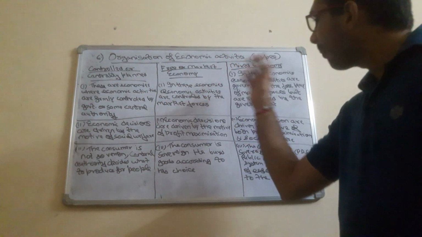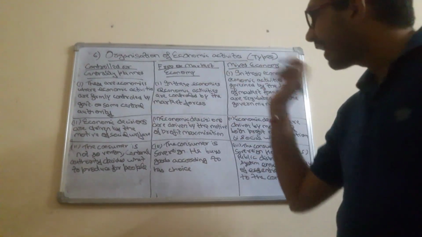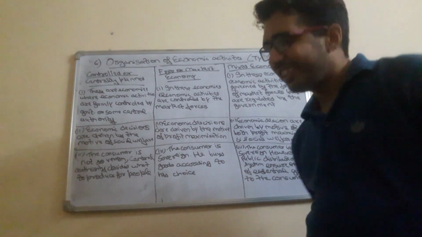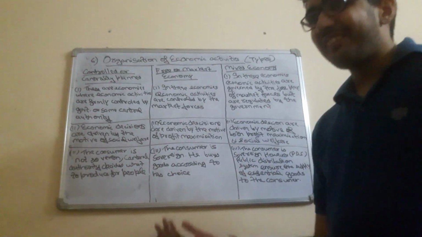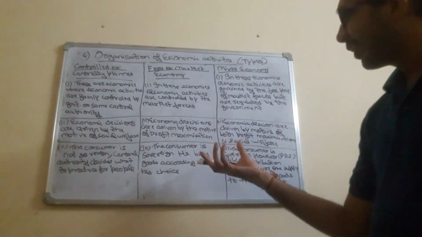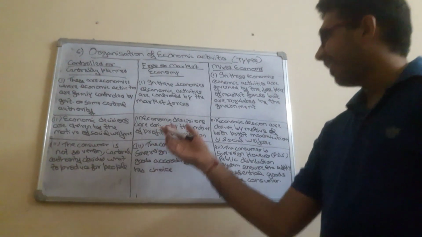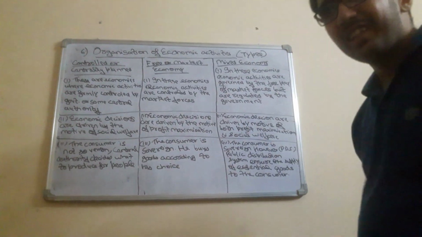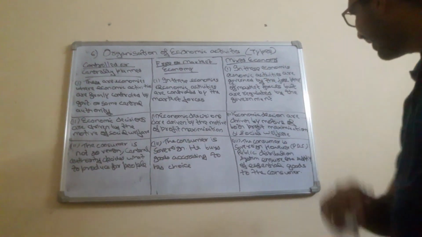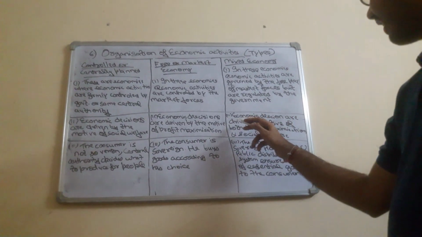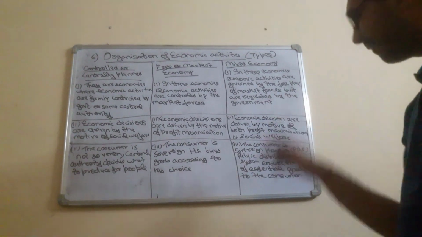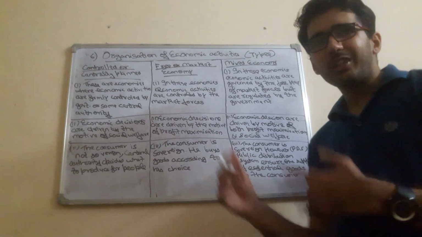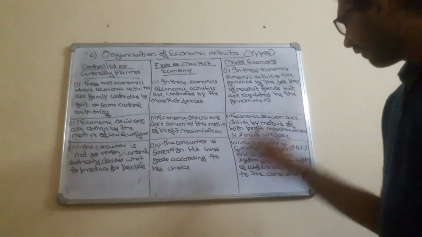In free or market economy, economic decisions are driven by the motive of profit maximization. Think about it yourself. Every private person will want to maximize his profit, so it's driven by the motive of profit maximization. But in mixed economy, there are both government and private, so economic decisions are driven by the motive of both profit maximization and social welfare. The private person thinks of profit maximization, but the government helps in social welfare too.